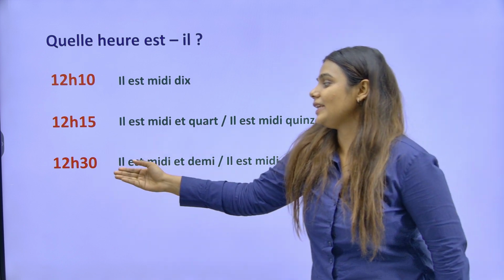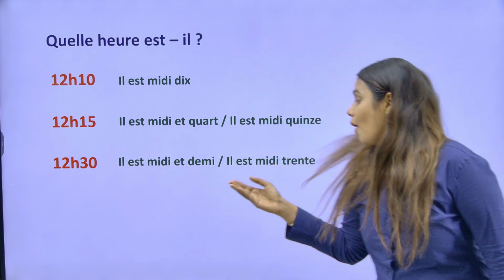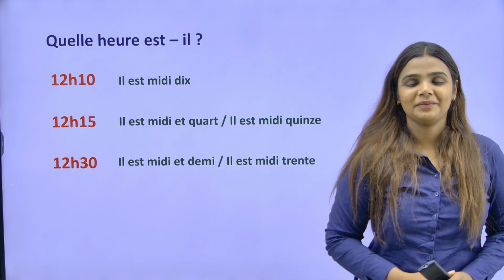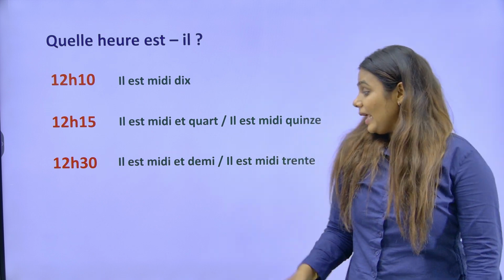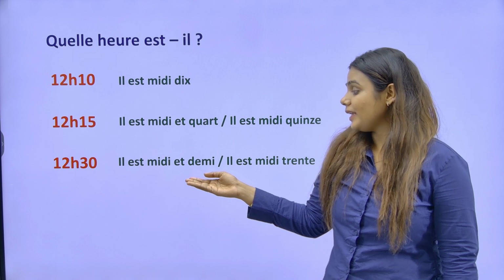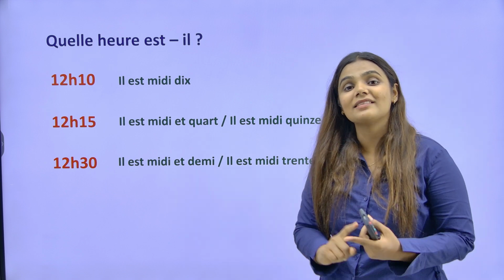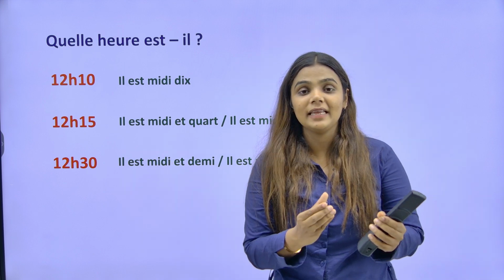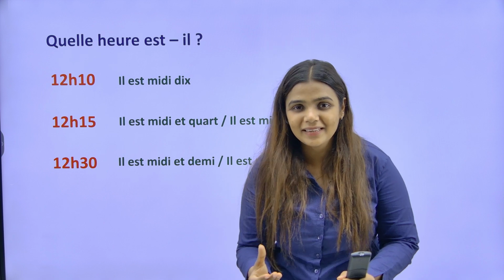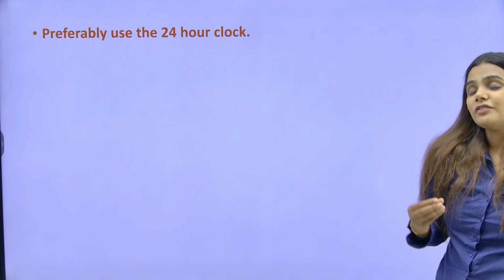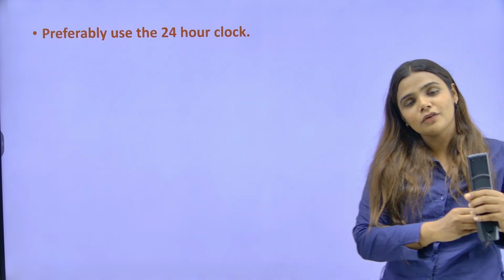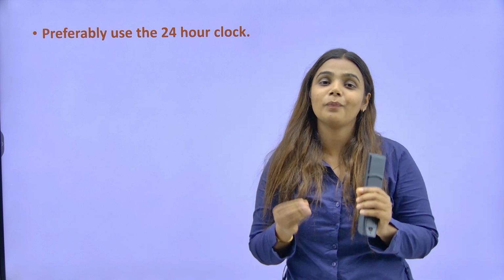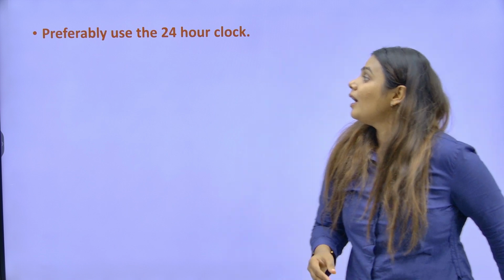Similarly, I will say il est midi et demi or il est midi 30. Observe here, in the spelling of demi, the spelling is D-E-M-I and not D-E-M-I-E, because the words midi and minuit are masculine.